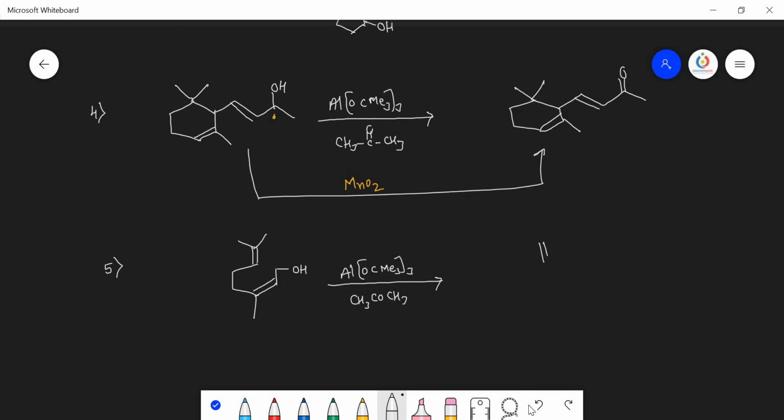So it has to be converted to the aldehyde part. Here we should not use this, because it's a primary alcohol, no? So here we should not use this one. So I will mention another, that is quinone, benzoquinone, para-benzoquinone.